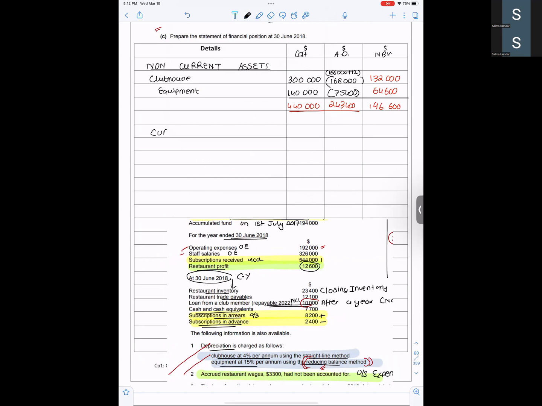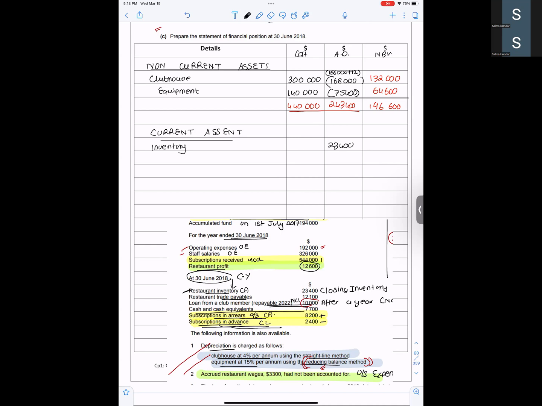Current assets has trade receivable, closing inventory, cash in hand, cash at bank, and other receivables. So I have an inventory over here. So the inventory is 23,400. This is current assets. Subscription in arrears, outstanding income is current assets, and subscription in advance is current liability.